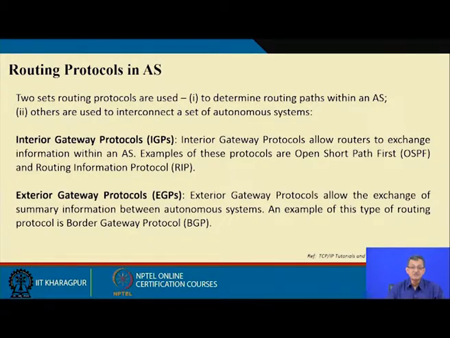Now, this summarized information is exchanged with the other border routers. Based on this exchanged information, they find out the path between the source, which is generated from one autonomous system, and the destination, which is in some other autonomous system, and how the packets will follow.